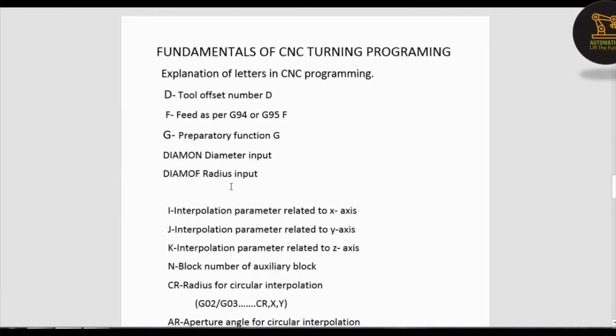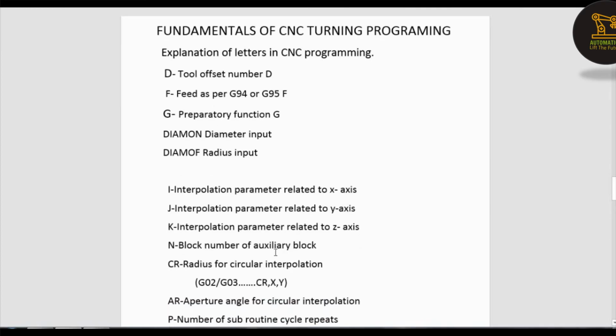I, interpolation parameter related to the x-axis. J, interpolation parameter related to the y-axis. And K, interpolation parameter related to the z-axis. N, block number of auxiliary block. CR, radius of circular interpolation.